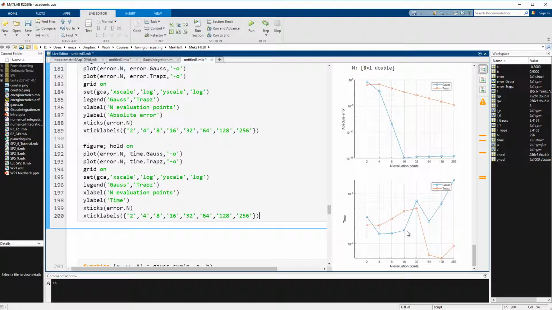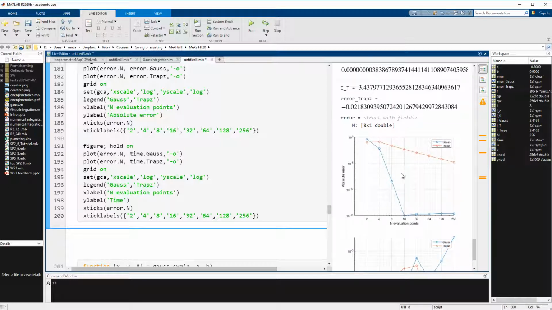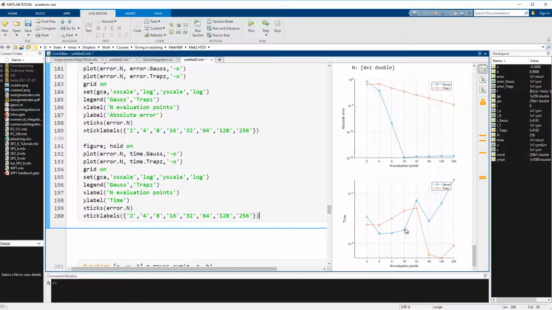So at 16 points we're quite faster than traps. So not only are we much more accurate than the trapezoidal rule, we are much faster as well. Well, maybe not much faster, maybe at this time scale it's not that big of a difference, but still we're faster. The first prize goes to us anyways.